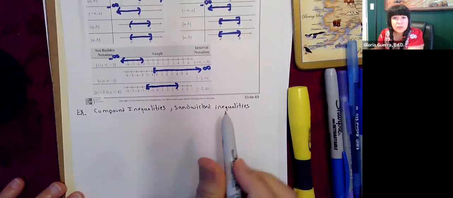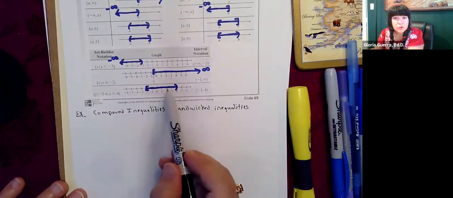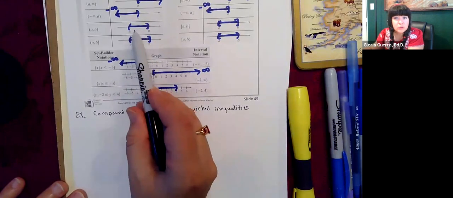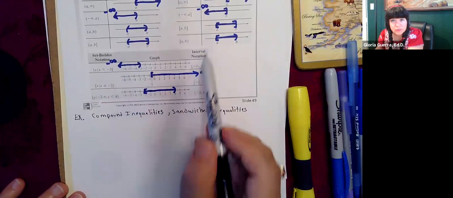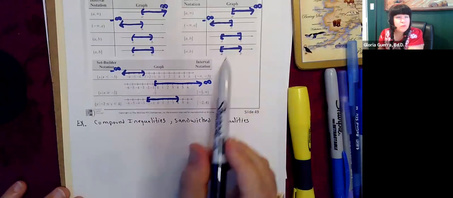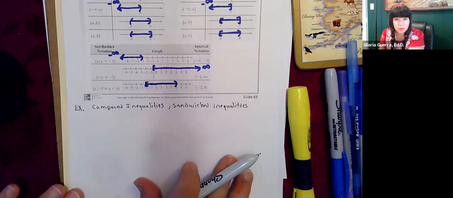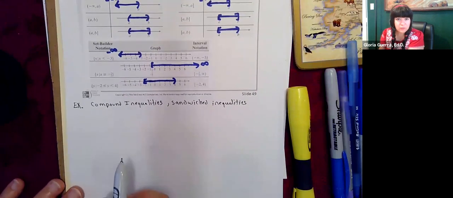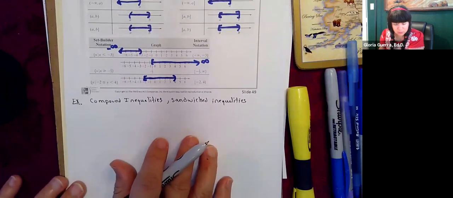So that's like these when your numbers are trapped. See, they're trapped in between. So no infinities. Compound inequalities have no negative infinities, no positive infinities; the numbers are trapped in between.